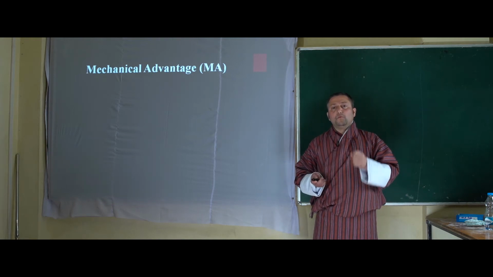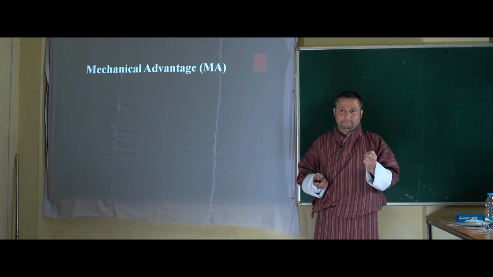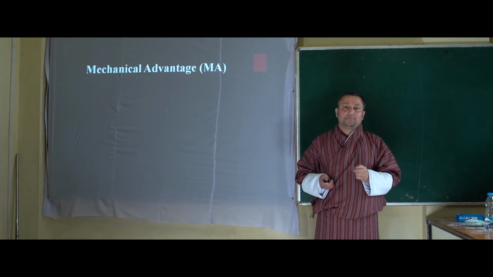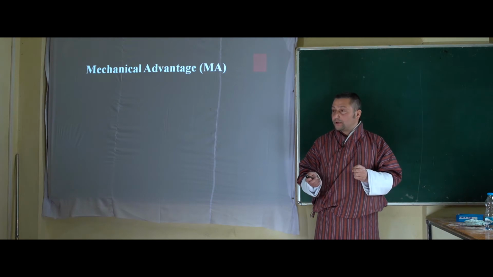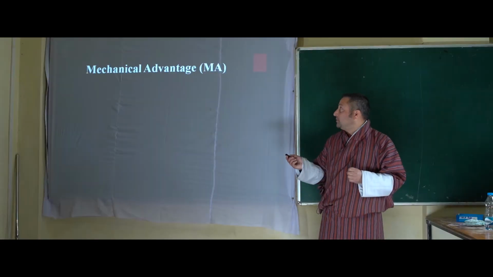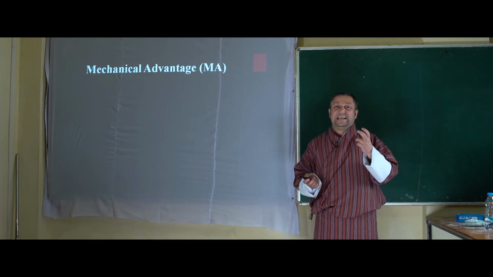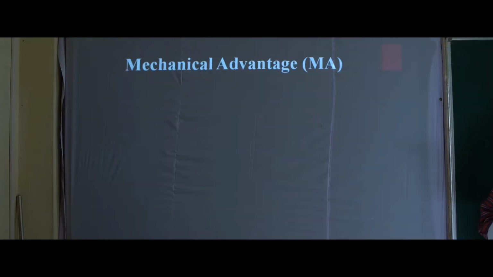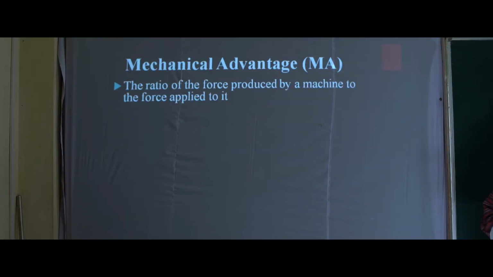Now, why do we use lever? It makes our work easier. To understand that properly, we need to look at mechanical advantage. And we usually represent it in short with the letter MA. Please remember that. Okay, what is it?